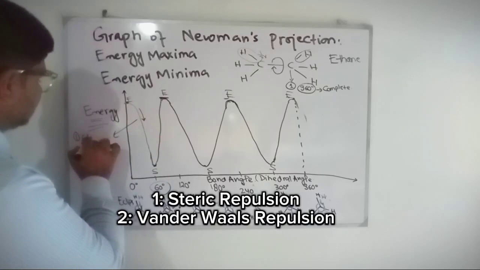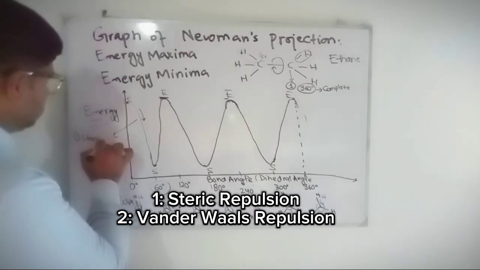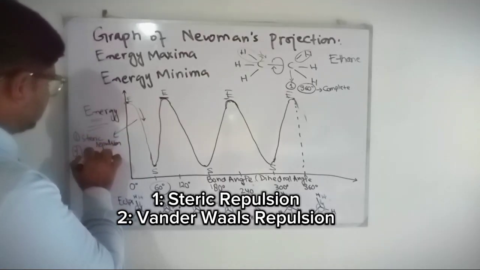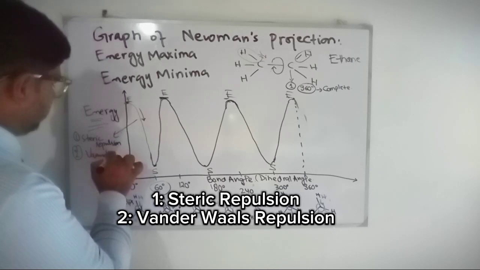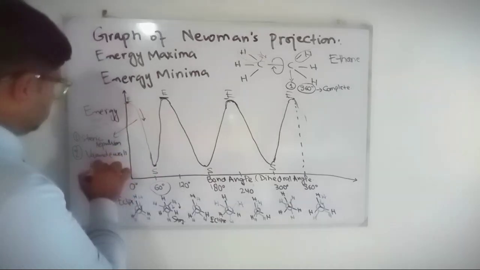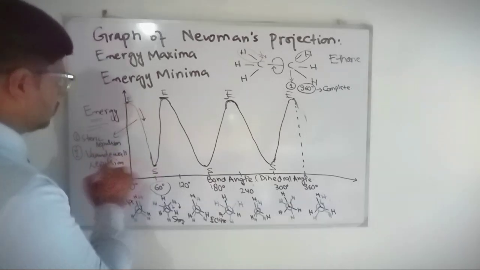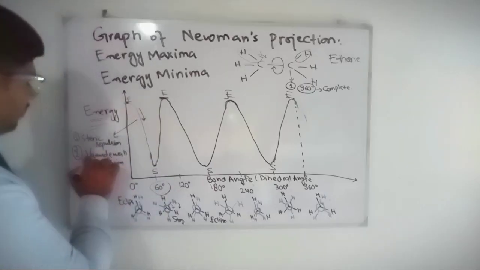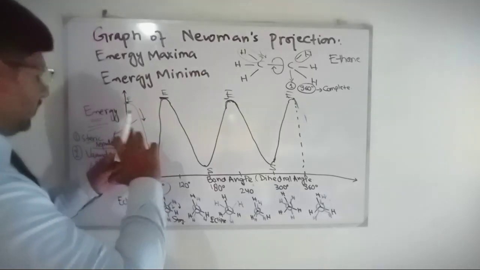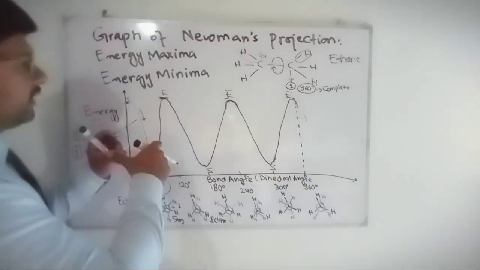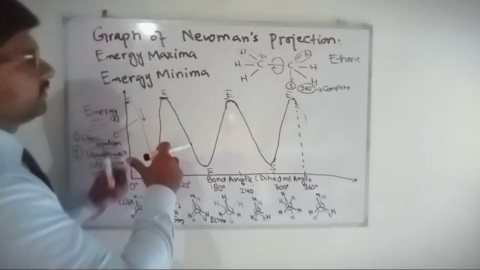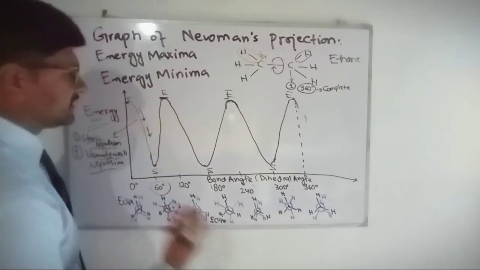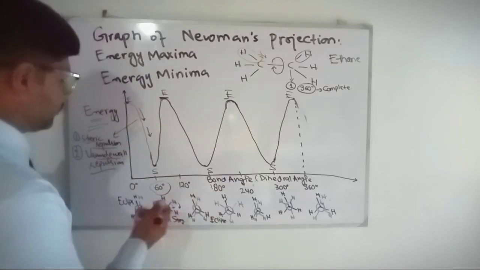One is steric repulsion and the second one is van der Waals repulsion. Now, when these repulsions operate, the molecule actually gets rotated due to the steric repulsion. And when this rotation takes place, the molecule automatically loses its energy to get stability.